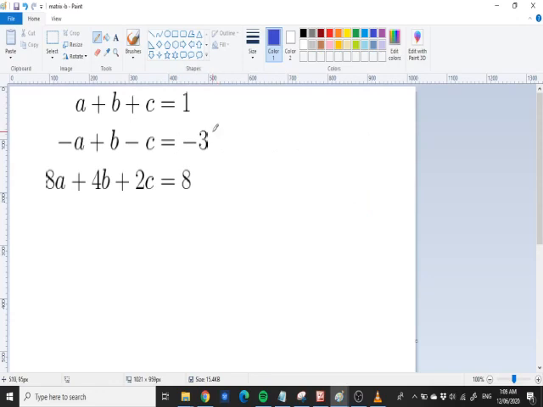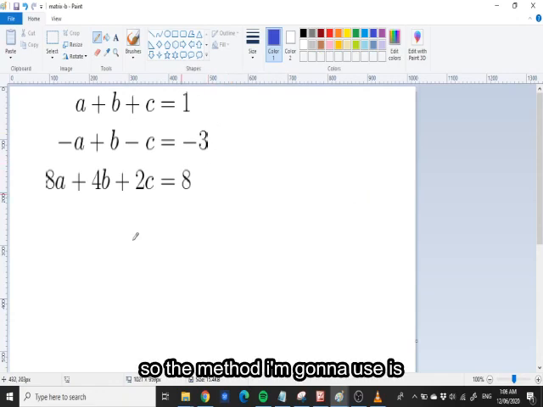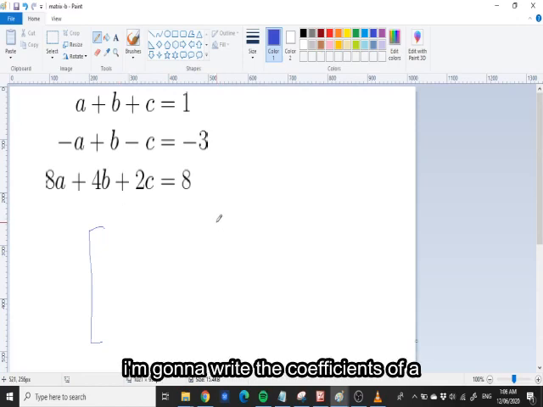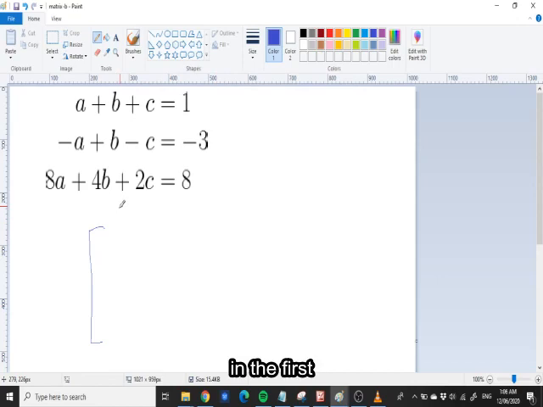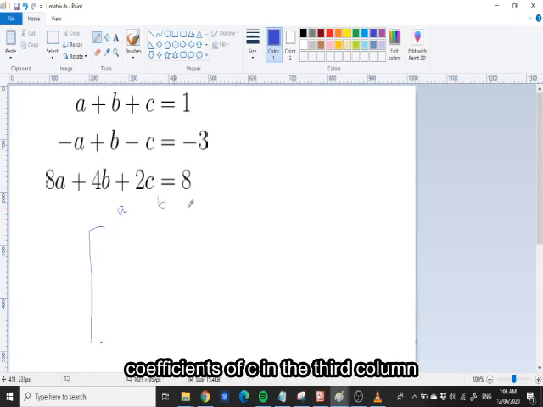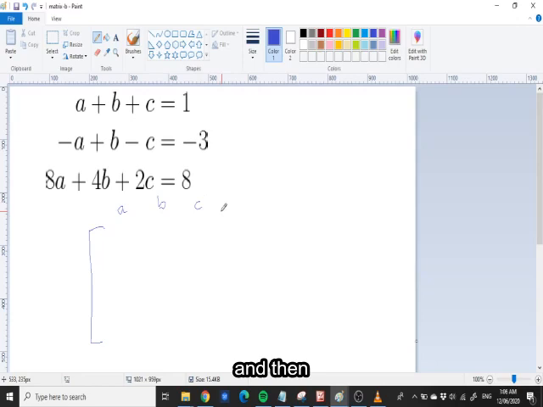So this is now our equations in standard form. The method I'm going to use is a matrix, the augmented matrix. I'm going to write the coefficients of a in the first column, coefficients of b in the second column, coefficients of c in the third column, and then the constants on the right side of this vertical line.